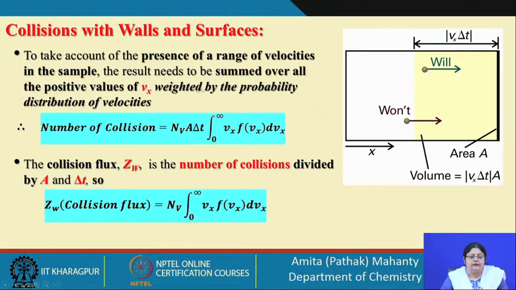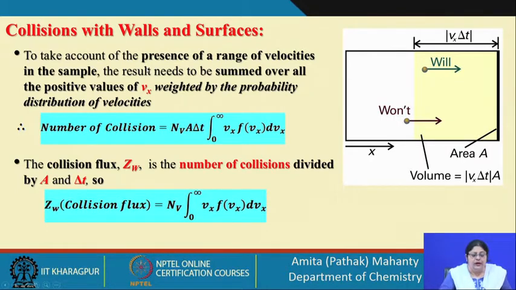So, to take account of the presence of the various velocities, because in the sample some will have higher velocity, some lower, because you know that velocities have a distribution, we have to take all the ranges of velocity into account.